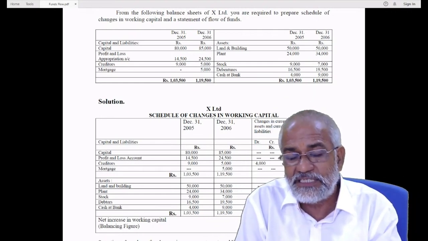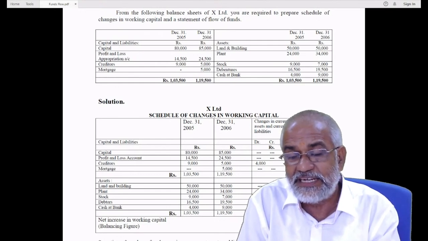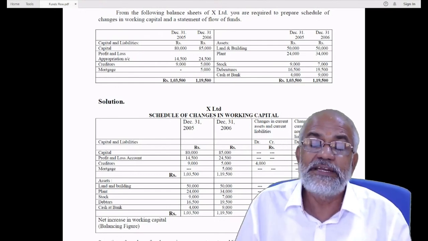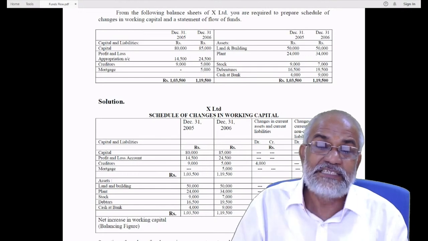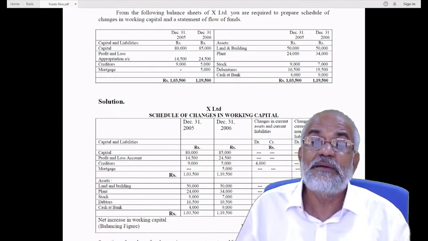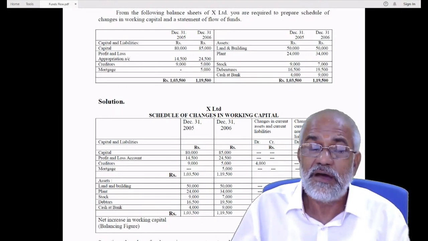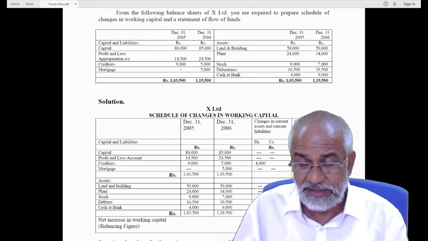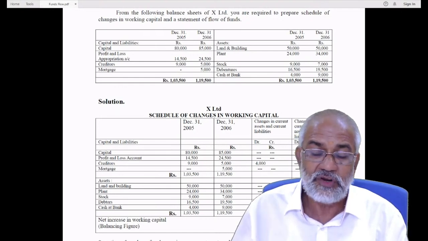There are two columns in the changes in non-current items, one debit and another credit. So it will definitely go to the credit column, because it is a change in a liability, and that too an increase. When a liability increases, it must have been credited. So it will come under the credit column of the non-current category.